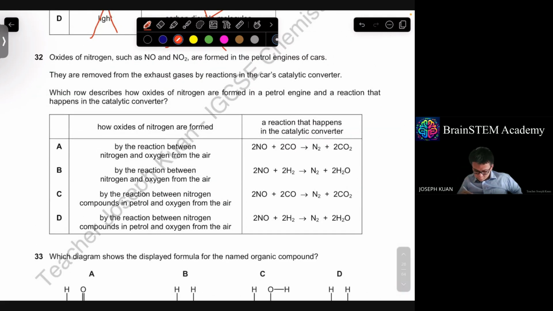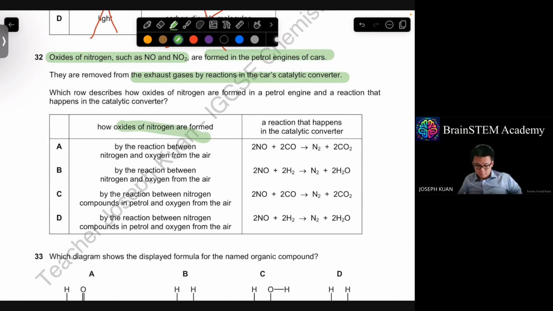32. Oxides of nitrogen, such as nitrogen monoxide and nitrogen dioxide, are formed in engines of cars. They are removed from the exhaust gases by reactions in the car's catalytic converter. Which row describes how oxides of nitrogen are formed in a petrol engine and a reaction that happens in the catalytic converter?